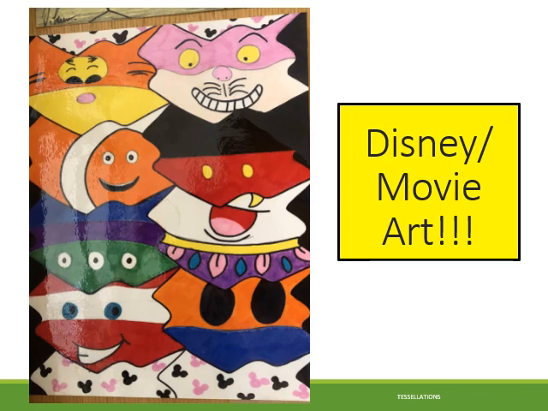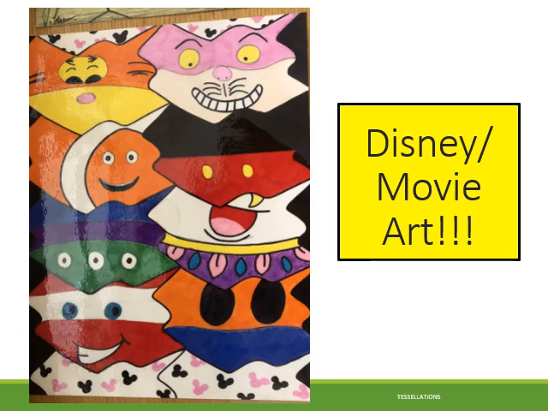This one is an example of what you can do when you don't know what it looks like. So you can see the tessellated piece all over the page, and the student wasn't sure what it looked like. So what they did was they took each tessellated piece and made a Disney or a movie art about it. So you can see Nemo, Teenage Mutant Ninja Turtles, some Disney, Mickey Mouse.